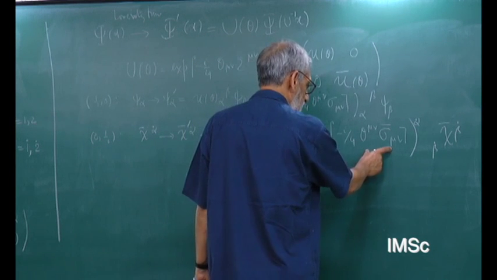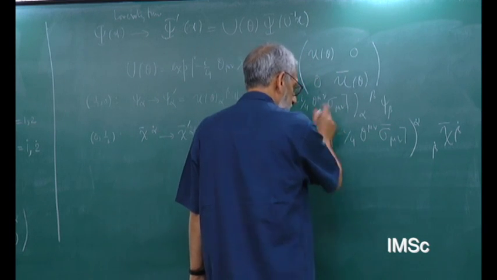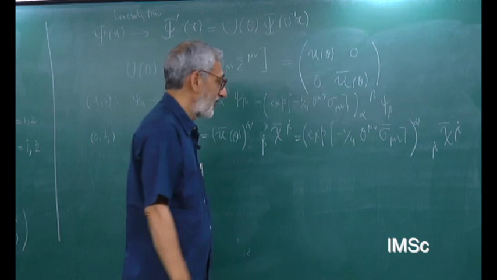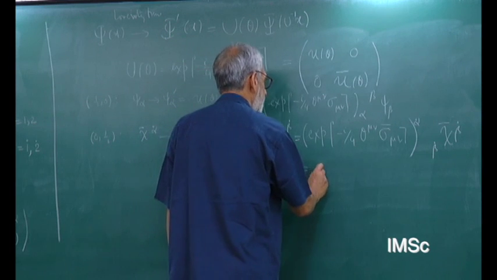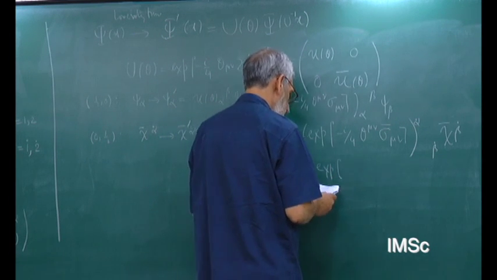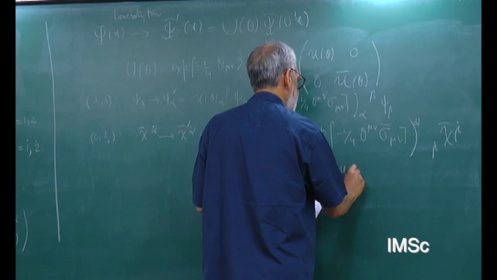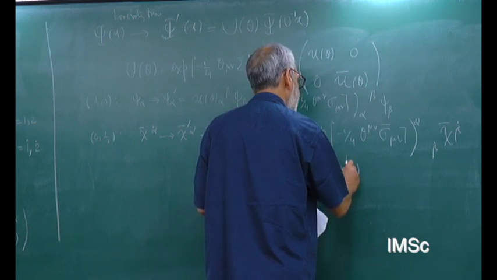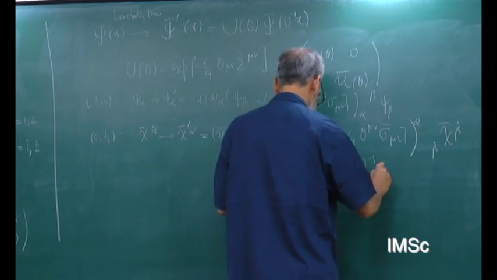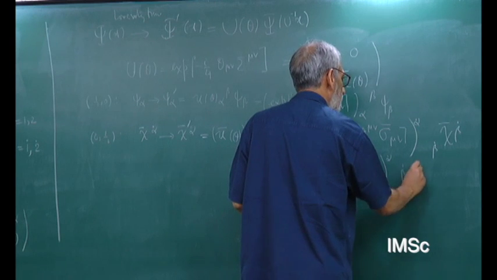It's straightforward to check. We said that this object is the conjugate of this. If you check it, you can rewrite this as u of theta dagger inverse, alpha dot beta dot.